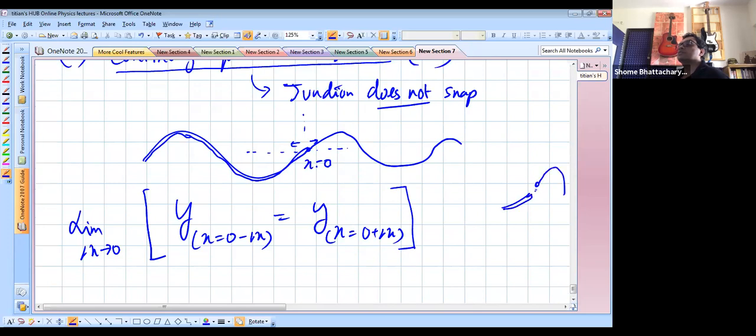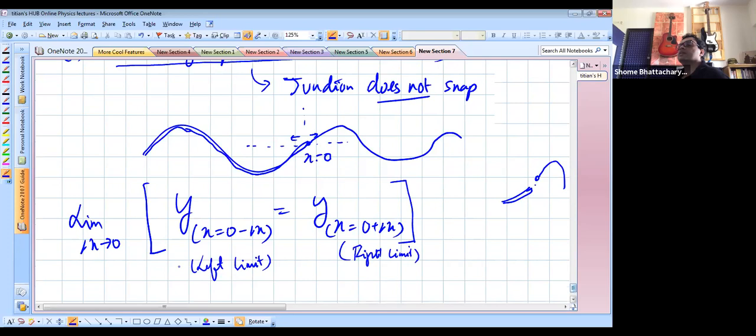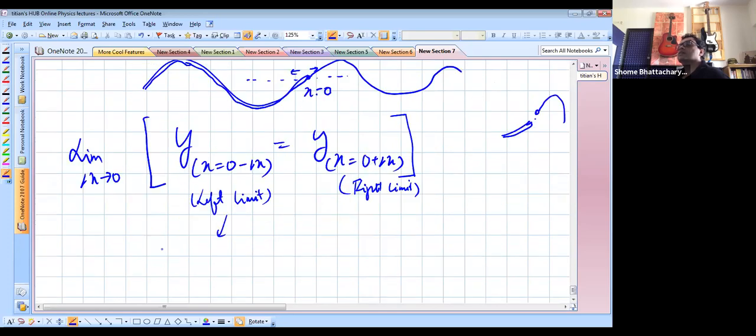They should match, the displacement at the left limit and at the right limit. That's it.